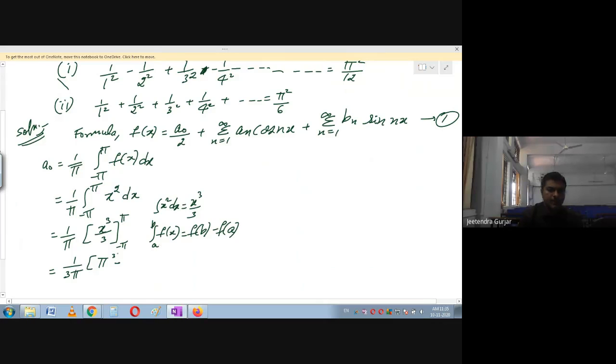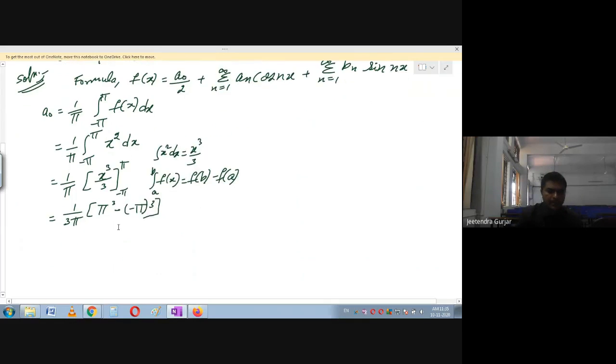I am substituting b first, so b is pi and a is minus pi. Therefore this is pi cube. Now just simplify this, friends. So here you are going to get 1 upon 3 pi as it is.